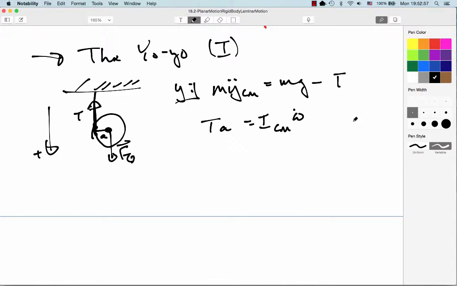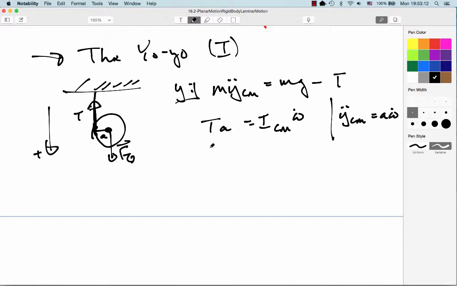We do have a constraint. Our constraint is that YCM double dot has to equal A omega dot. Alright.